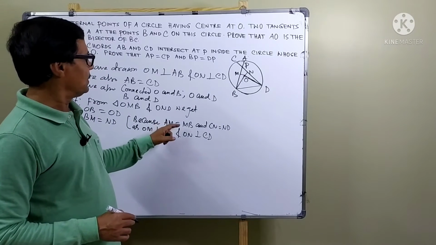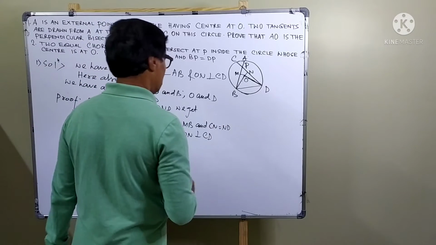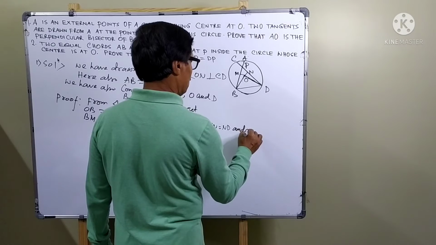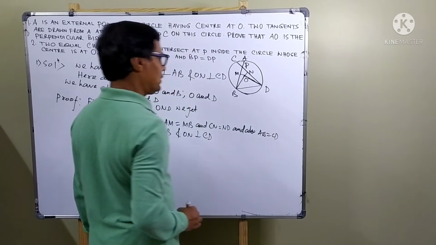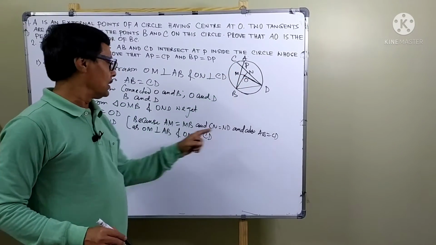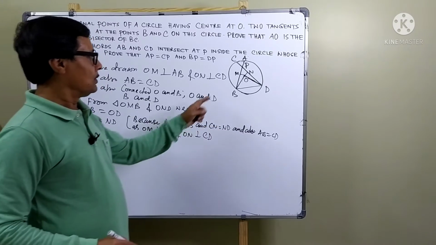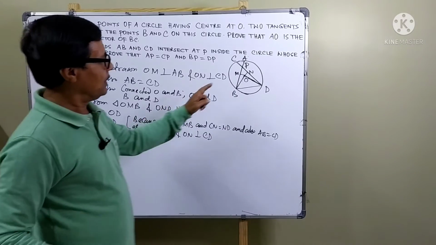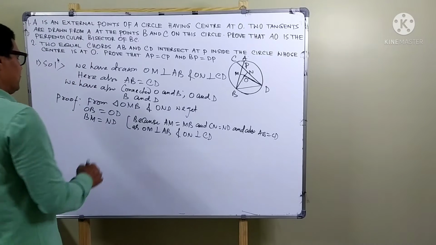So we can say that AM equal to MB and CN equal to ND, and also AB equal to CD, which is given. So we can say that BM equal to ND and AM equal to CN.